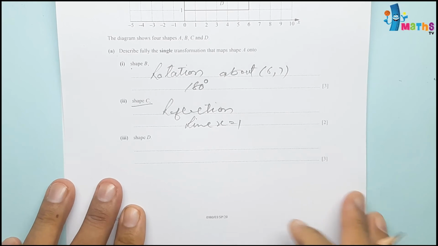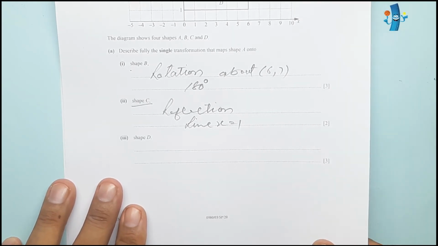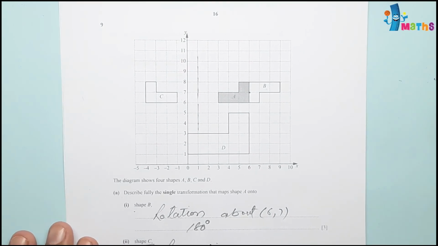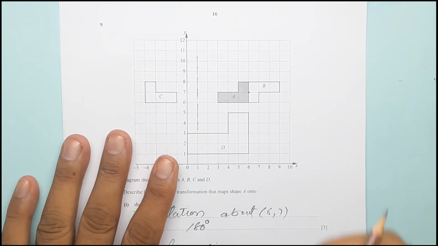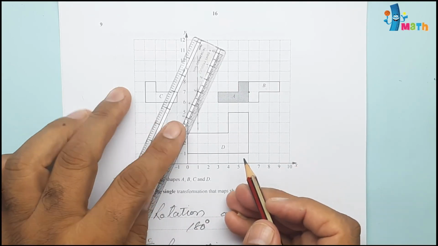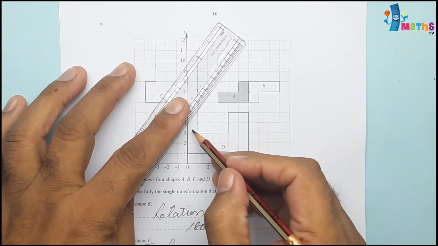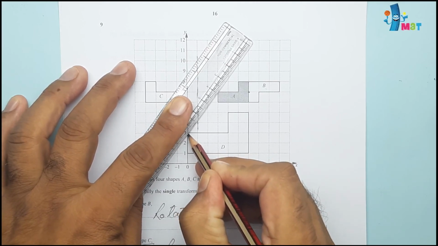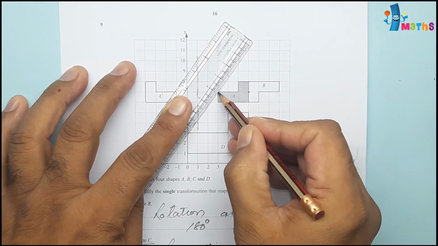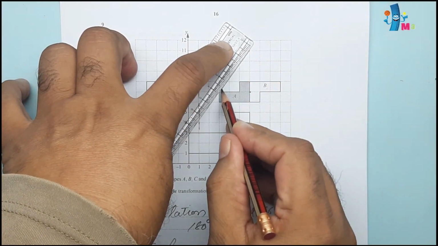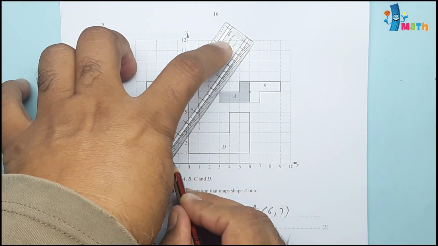Then shape D. So A and D we have to check. For A and D, I will do one thing. We have to join this point with this point, and I will be joining these 2 points like this one.